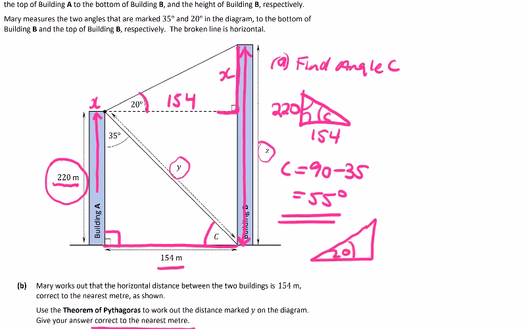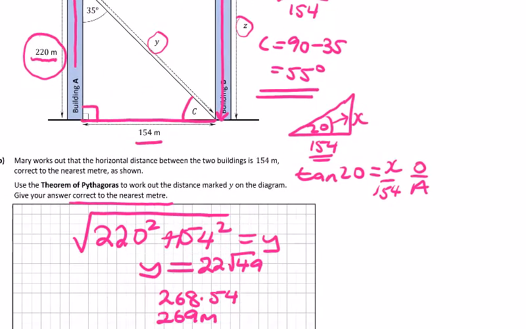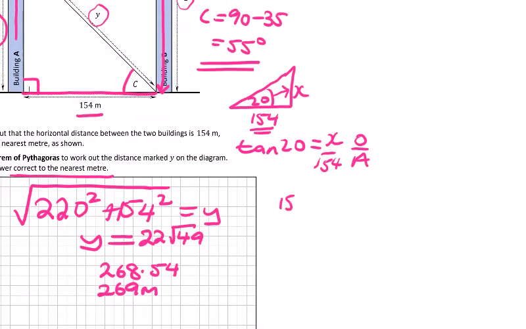20, 154. We're looking for x. We're looking for opposite, and we have adjacent. The two straight sides is tan. Tan 20 equals O over A, which is x over 154. So the maths involved here, 154 tan 20 is equal to the opposite side.